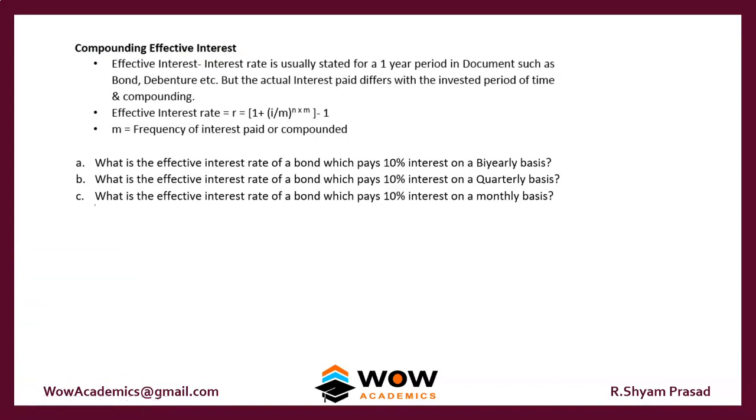So the next topic is called compounding effective interest. Here, effective interest rate is usually stated for a 1-year period in documents such as bond and debenture, but the actual interest paid differs with the invested period of time and compounding. Normally interest is paid on a yearly basis.